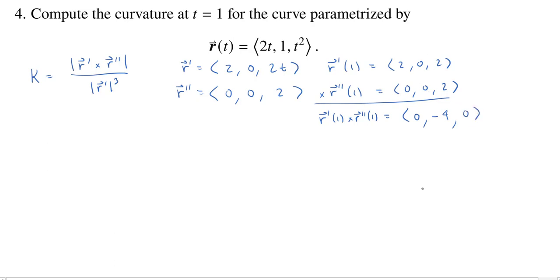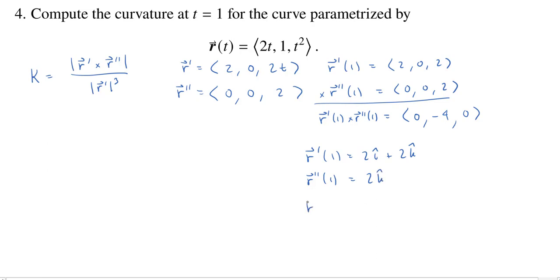Let me quickly go through this alternative approach, which I also like very much, particularly when the vectors are this simple. So we could rewrite the original r prime of 1 as 2i plus 2k, and r double prime of 1 as 2k.